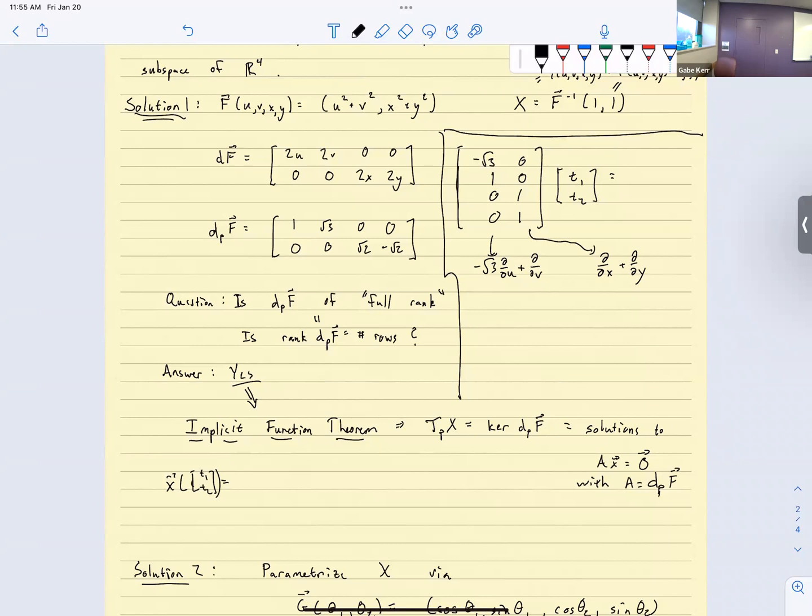So we're using coordinates with this basis: del u, del v, del x, del y. That's our basis. That's what this means when we write it down. Not too big of a deal. All right, so we get this parametrization.